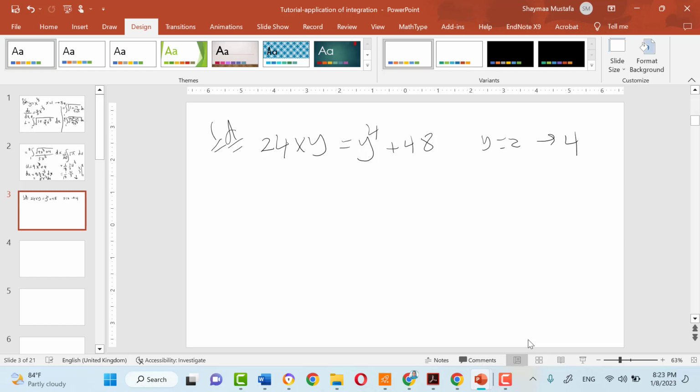So for the arc length, we have to first make x the subject, because y is changing from 2 until 4, so our integration will be dy. So you have to write x in terms of y. This one is equal, and it is easier also, to y to the power 4 plus 48 over 24y.